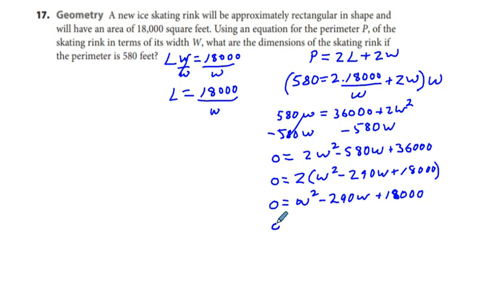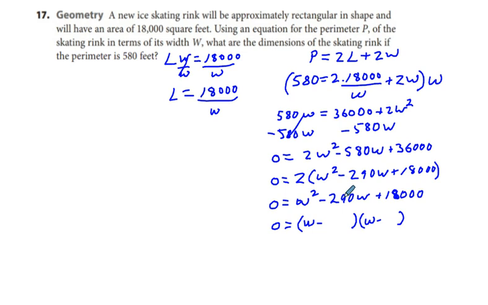Now, what two numbers, when multiplied together, equal 18,000, but when added together, equal 290? So we have (W, W), and they're both going to be minus.